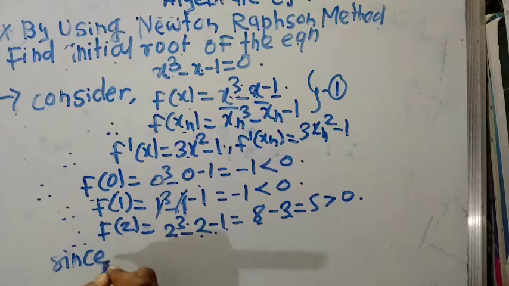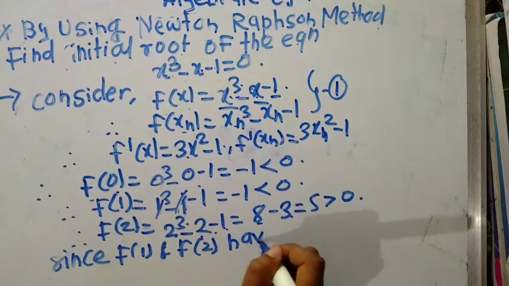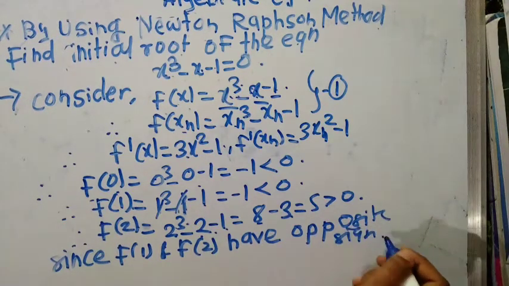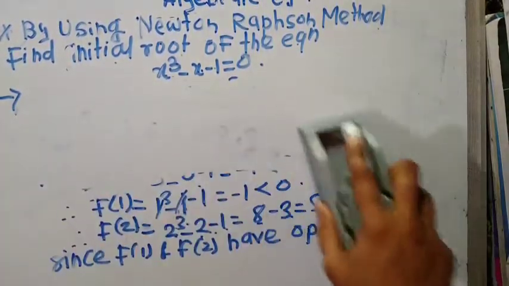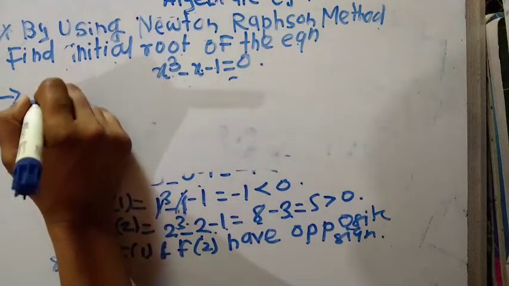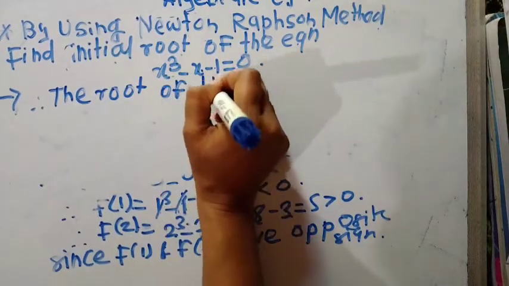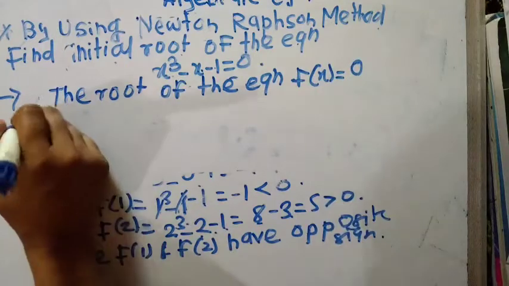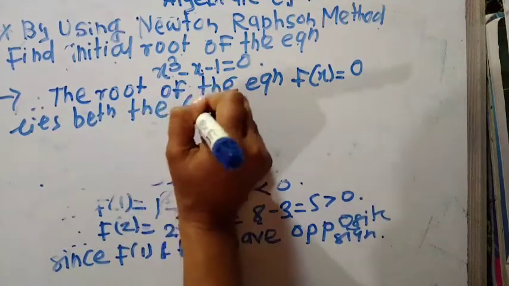Since f of 1 and f of 2 have opposite sign, the root of the equation f of x is equal to 0 lies between the interval 1 and 2.